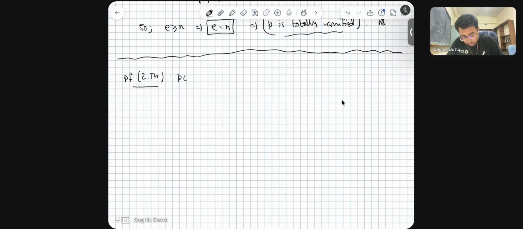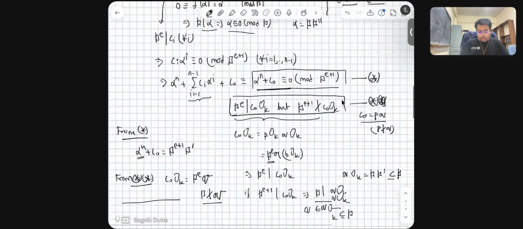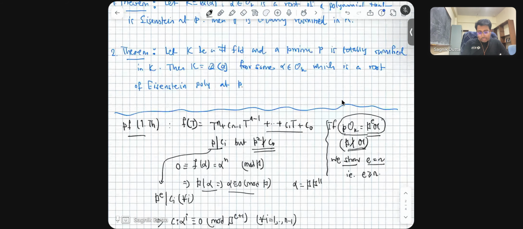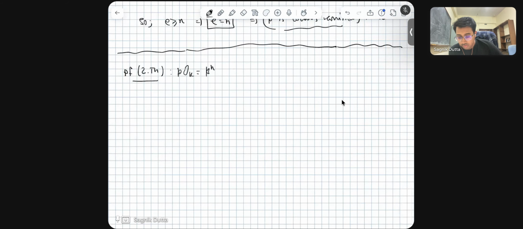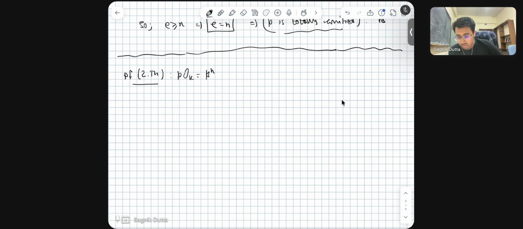It is given, and you have to come up with an alpha which generates K over Q, and which is a root of some Eisenstein polynomial at that prime P. So you have to come up with a number alpha.